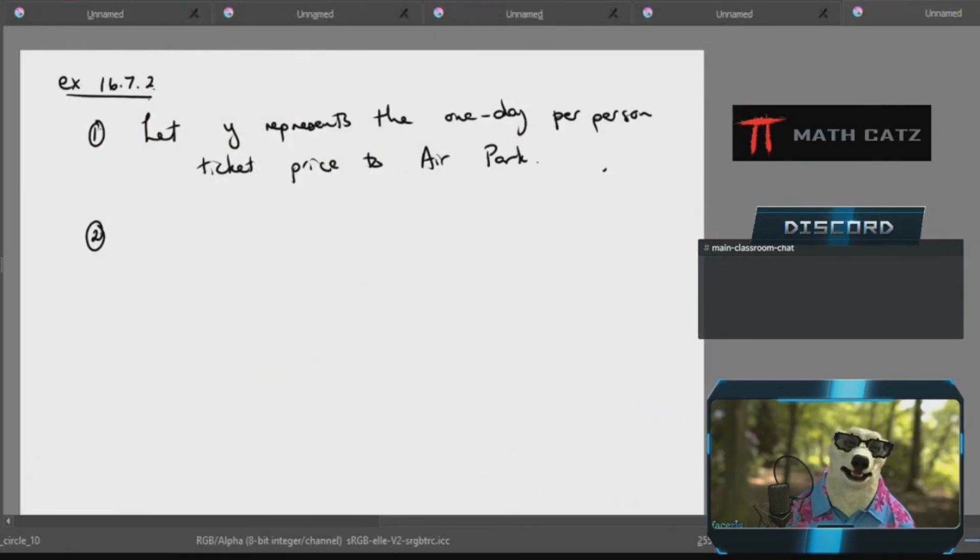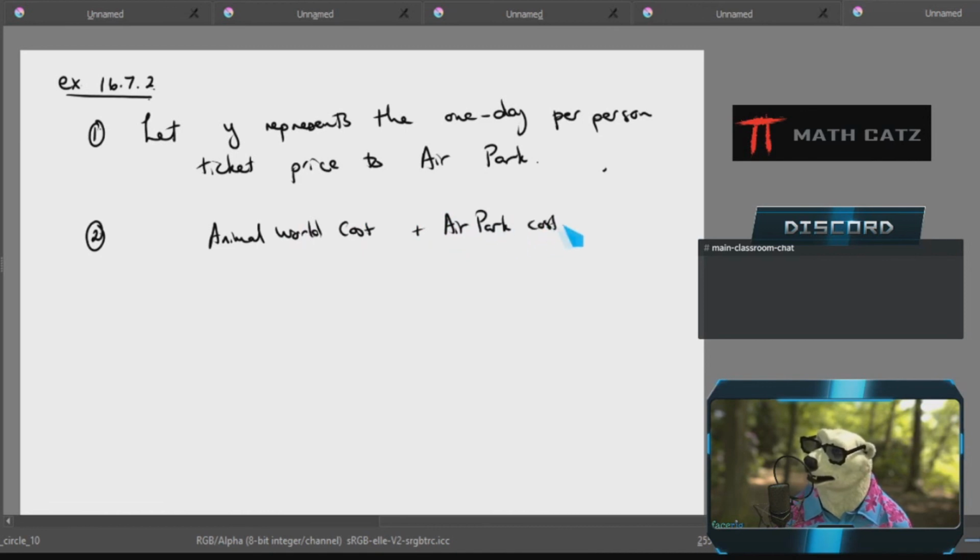So I'm going to make a plan. And my plan is, let's say here, Animal World cost plus Air Park cost will equal the total. Nice logic there. Not nice writing, but still. So, you can look in the book. I'm not going to drag it back and forth all the time.